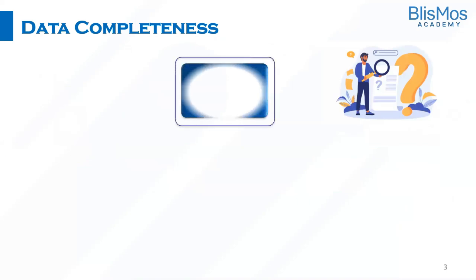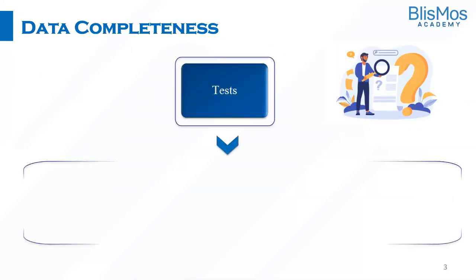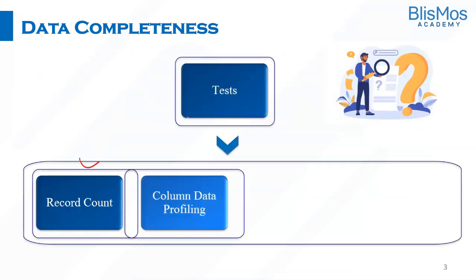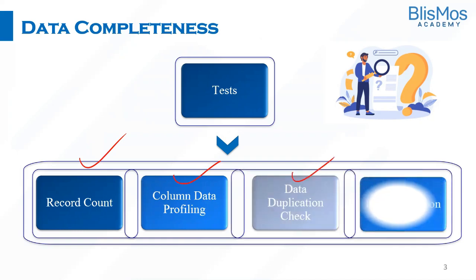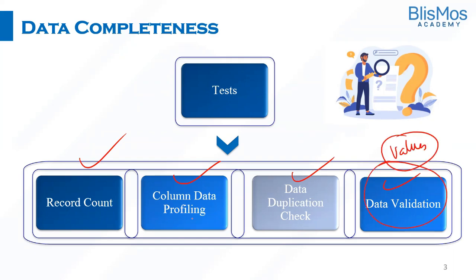We have to perform some of the tests like record count, column data profiling, data duplication check, and the data validation, where in data validation, emphasis is on the values. We cover record count as a part of this video, while column data profiling, data duplication check, data validation, will cover that as a part of subsequent videos.